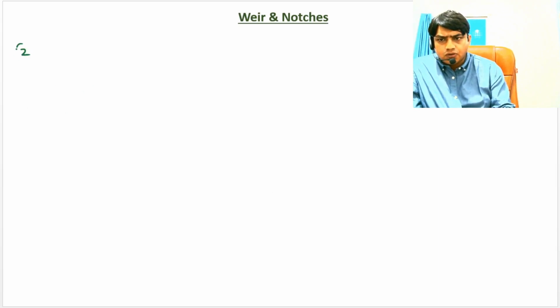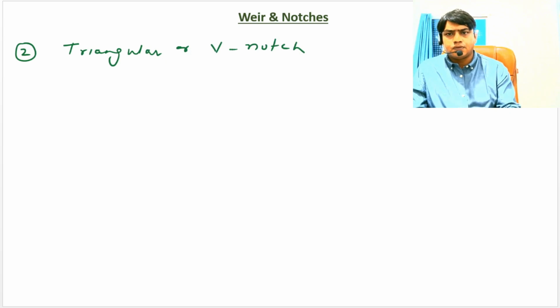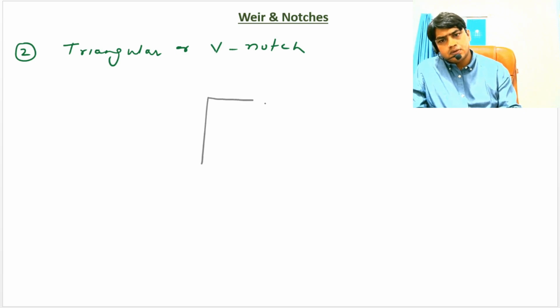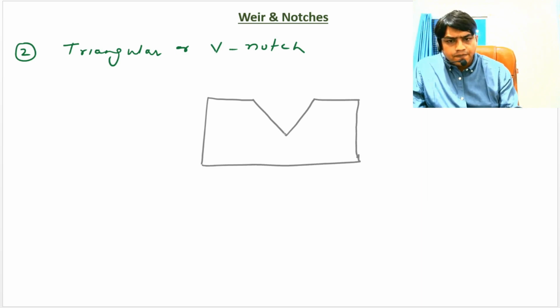Second type of notch, that is triangular or V notch. So let us assume this is our triangular or V notch.